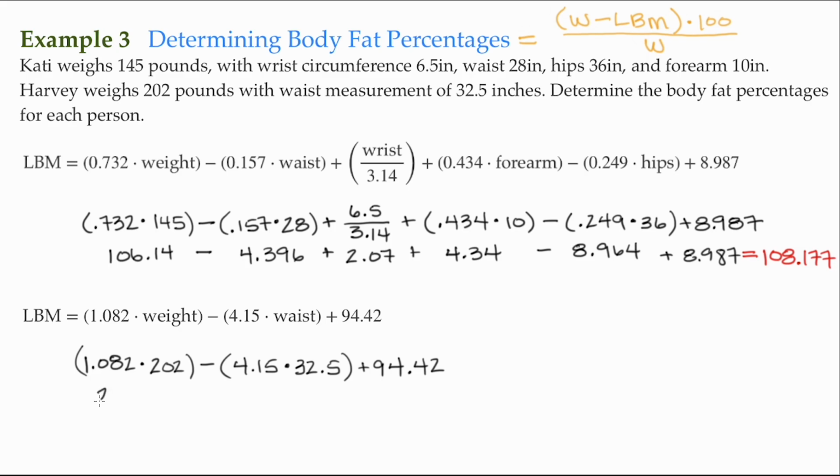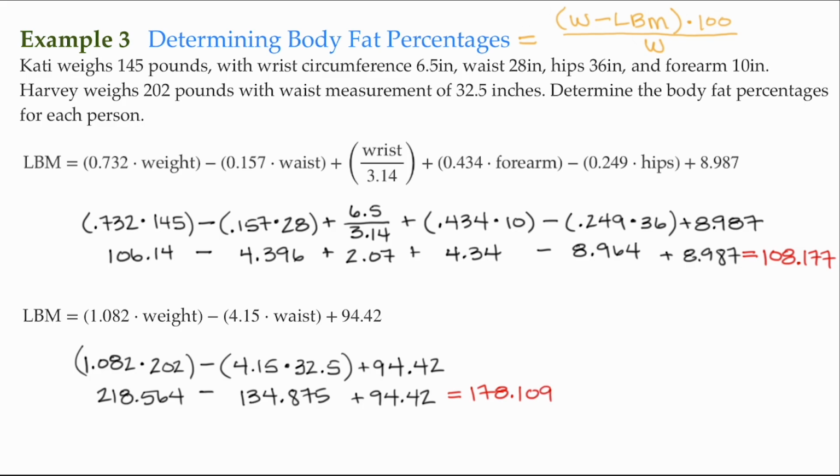This is 218. When we do the arithmetic, 4.15 times 32.5 comes out to be 134.875, so we minus that. And then, of course, we add on our constant here, 94.42. So Harvey's lean body mass is 178.109.